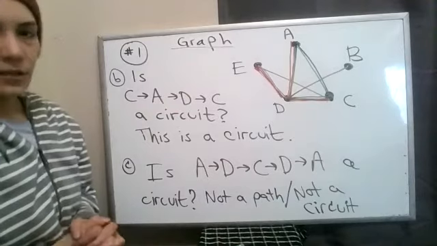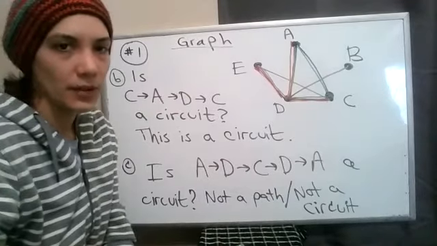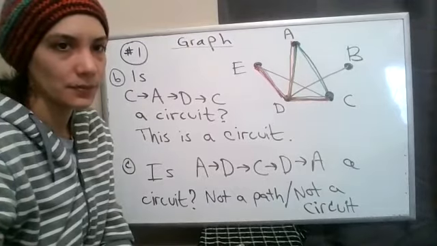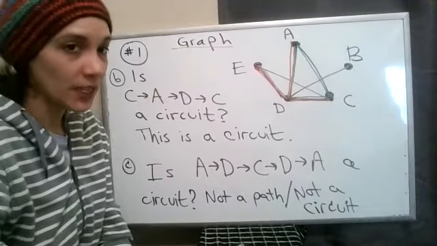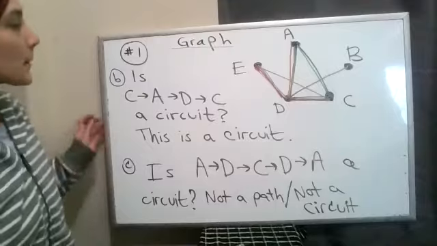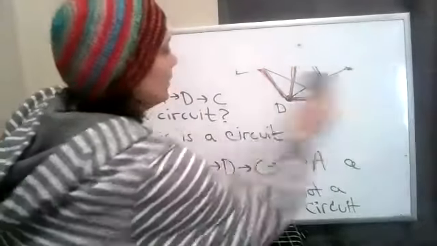Okay, the next graph, we've got 5 vertices. Let's get it going.